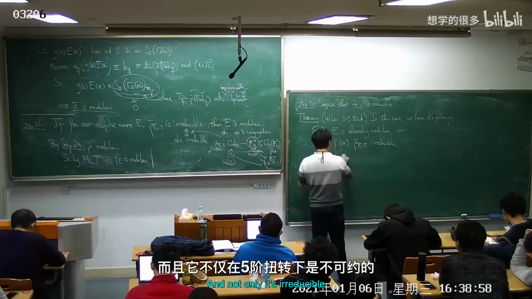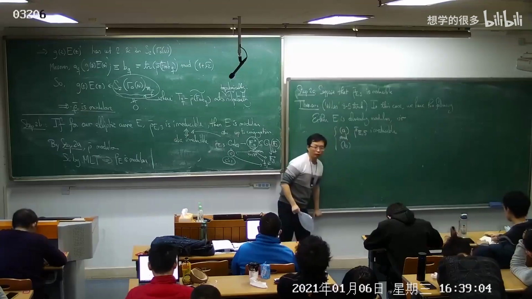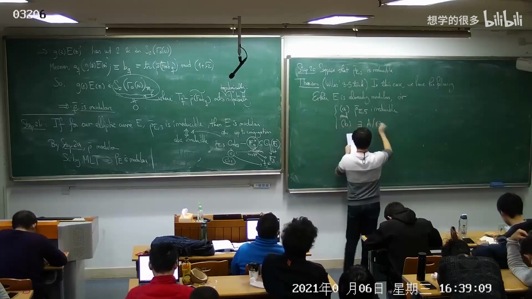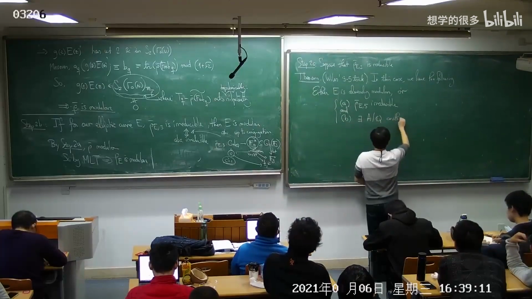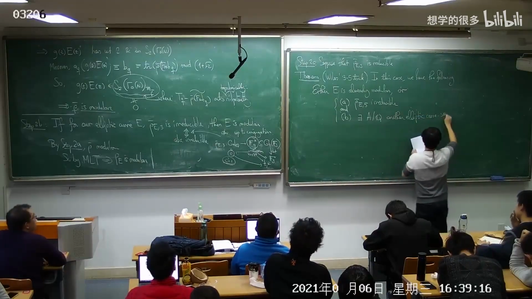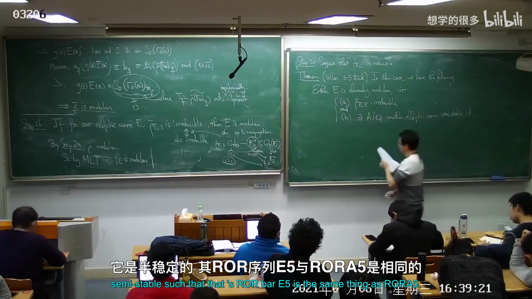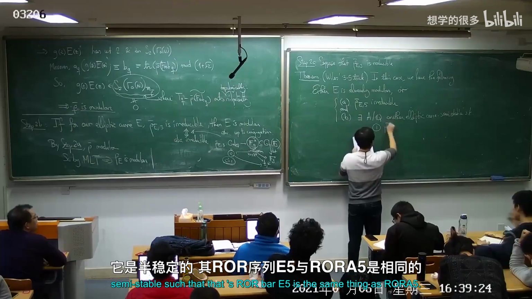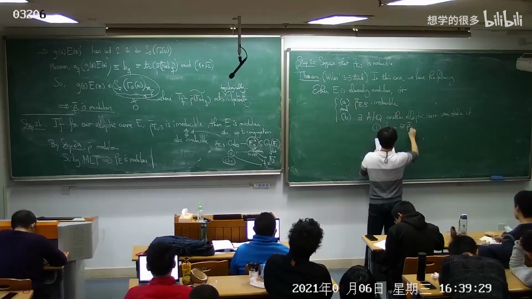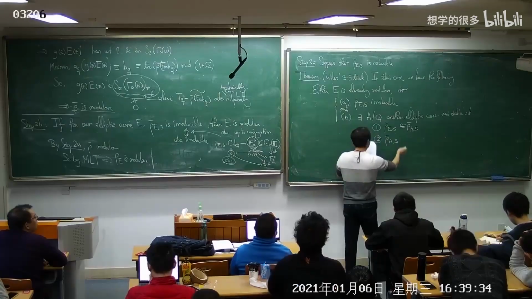And not only is the 5-torsion representation irreducible, you can find another semi-stable elliptic curve A such that rho bar E5 is the same thing as rho bar A5, and rho bar A3 is irreducible.